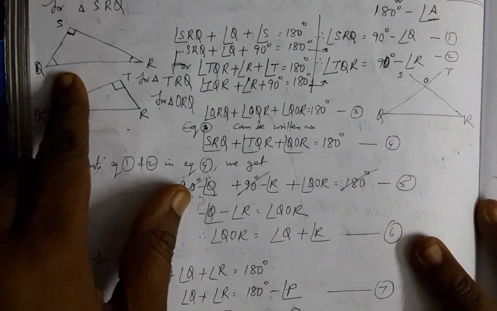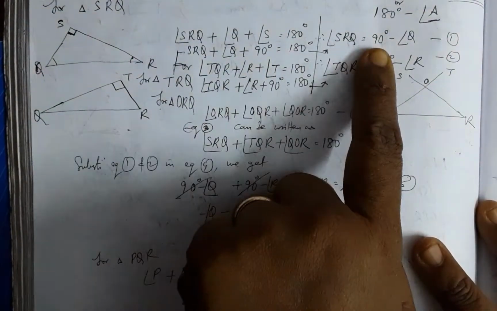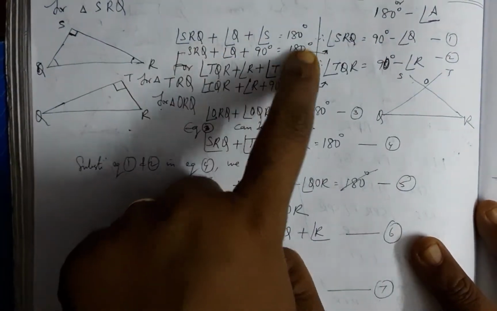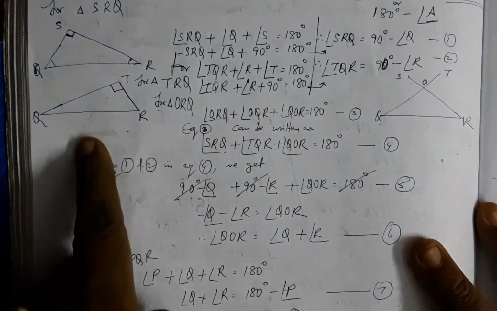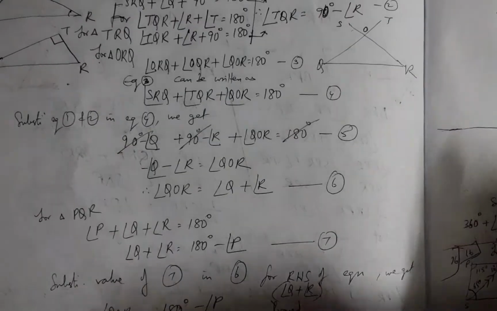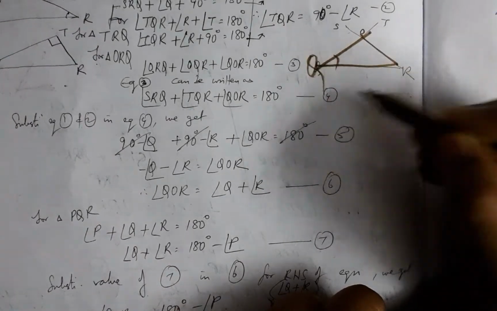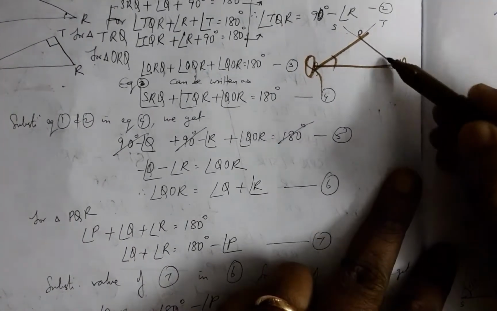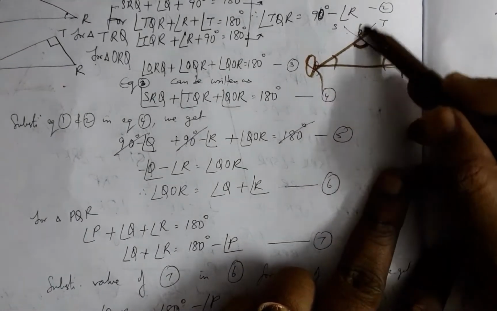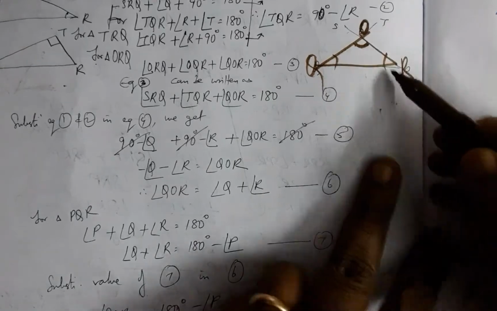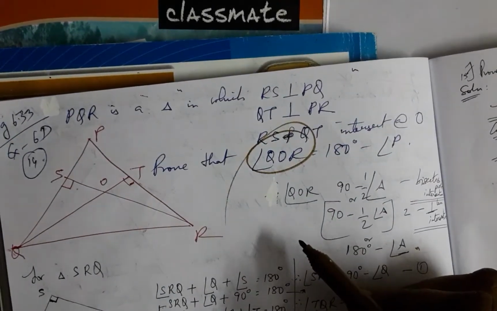And you can see that I have got hold of angle SRQ applying the angle sum property, and TQR also by the same rule. Now, getting hold of these two angles in my hand, angle Q and angle R, I take hold of this angle QOR, which is the LHS component of my proof.